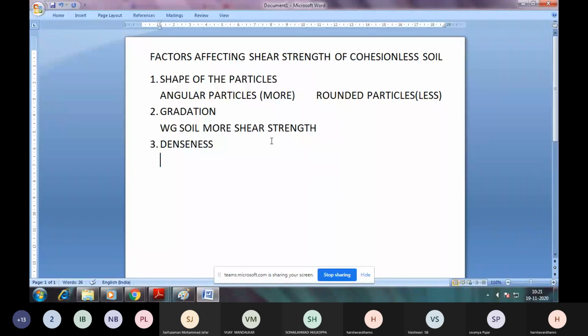Hence, greater will be the shear strength.